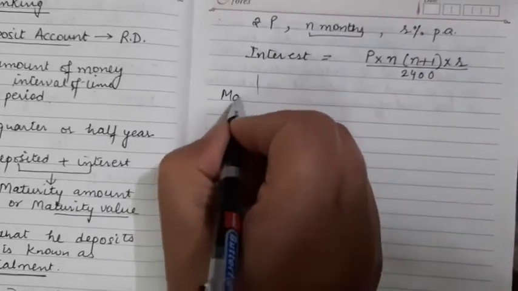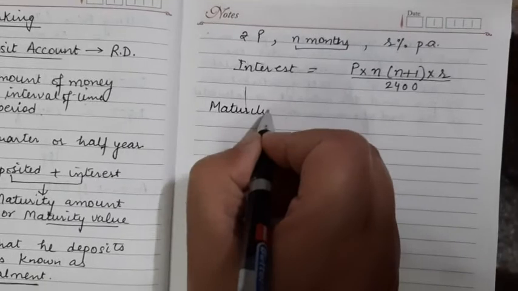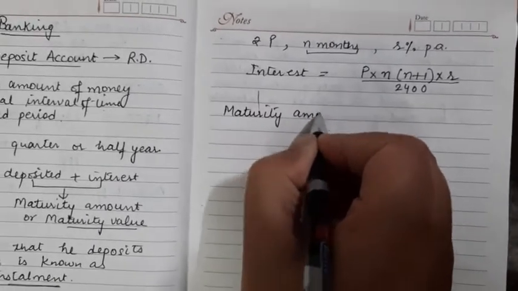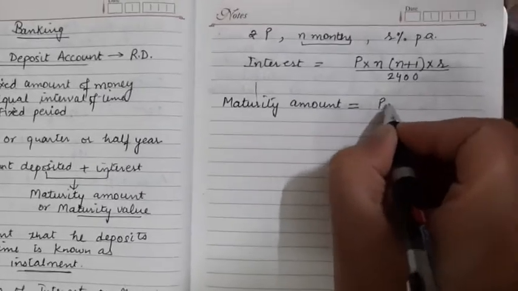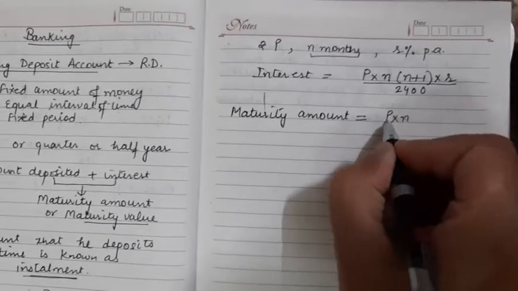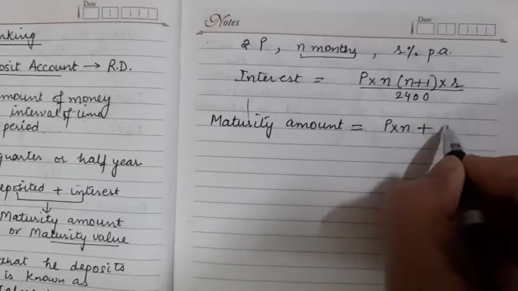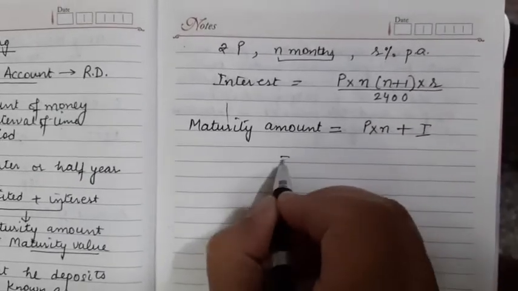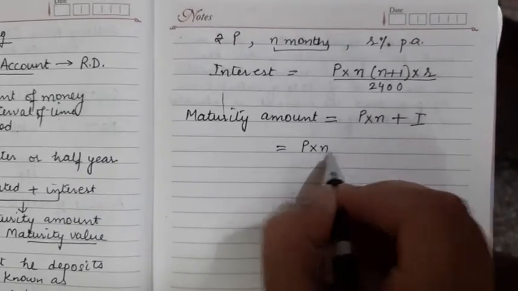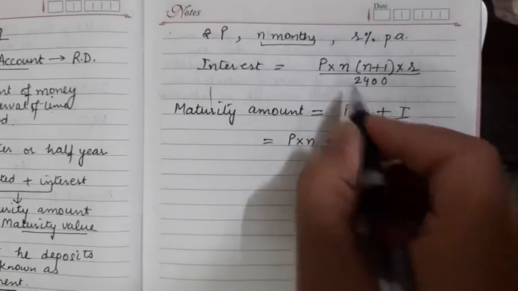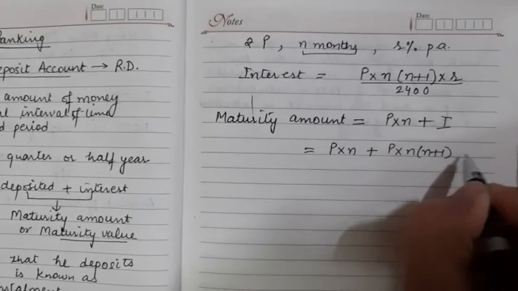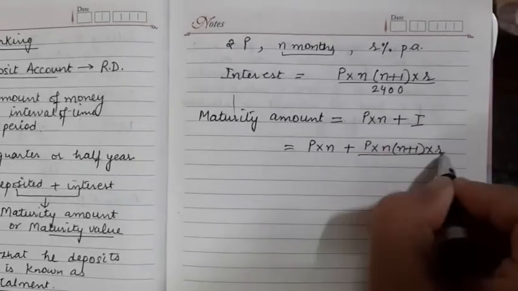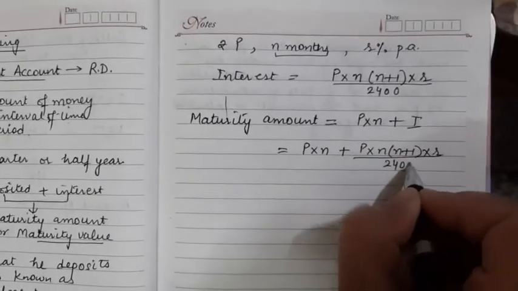And to calculate the maturity amount we use the formula P into n plus the interest, that is P into n plus P into n plus 1 into R over 2400.